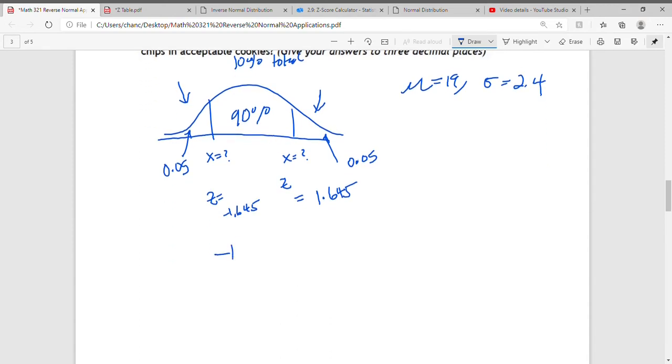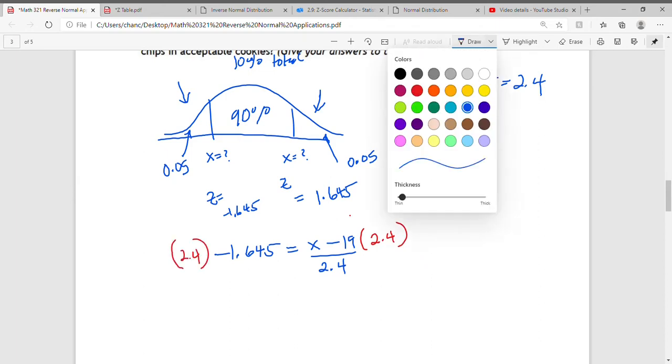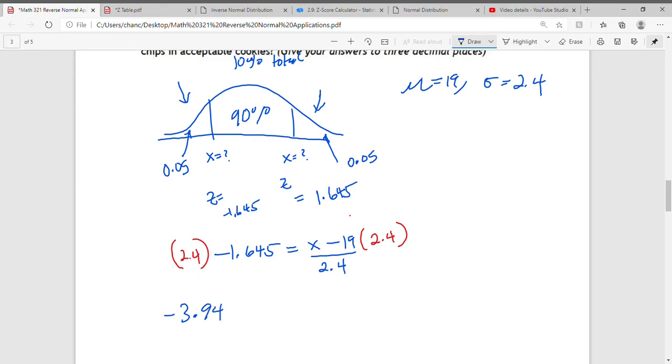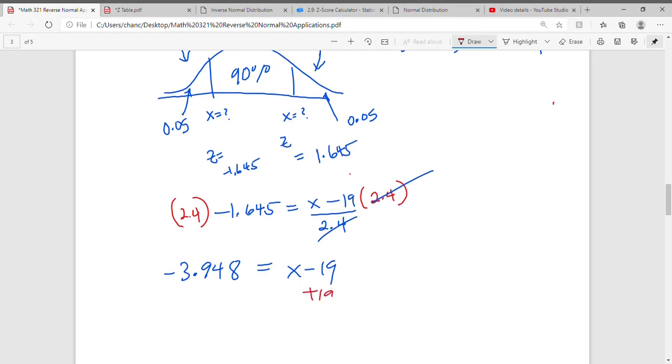We have negative 1.645 equals x minus 19 divided by 2.4. Let's multiply both sides by 2.4. The left side gives me negative 3.948, and this equals x minus 19. We'll add 19 to both sides. X is equal to 15.052. So that's our first solution.